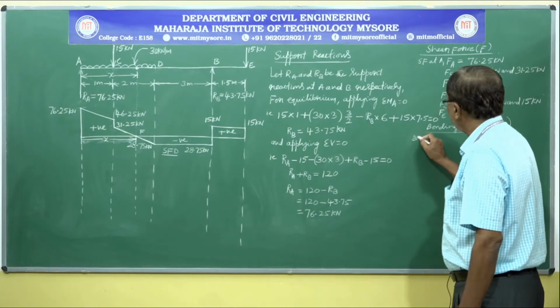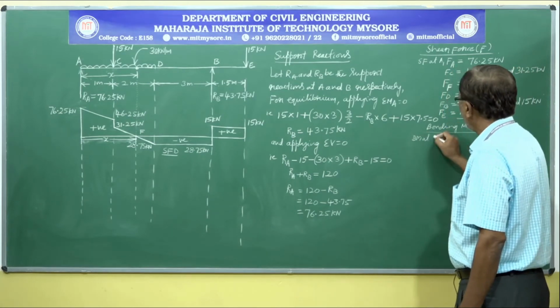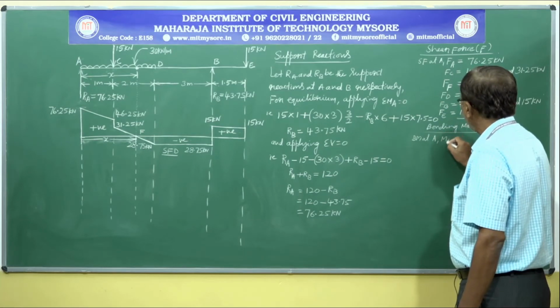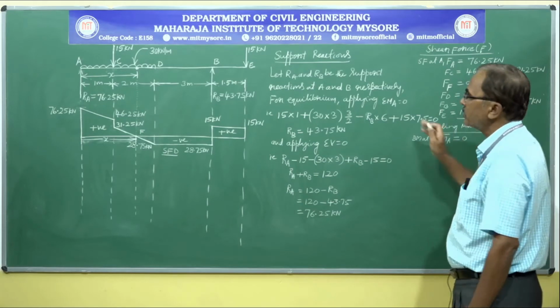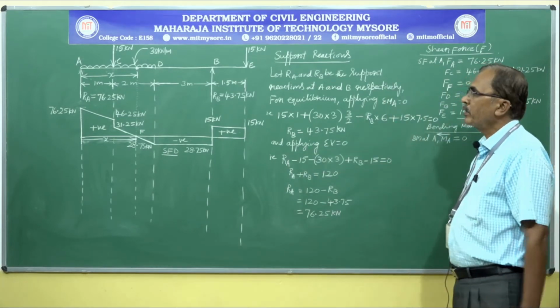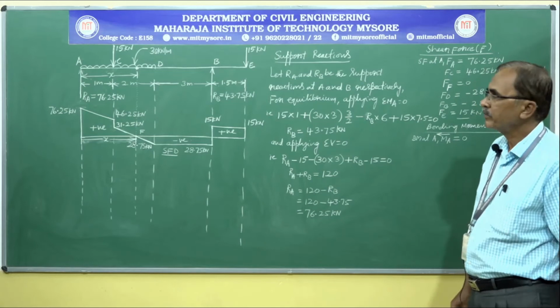Bending moment at A, MA, by considering forces to the left-hand side, is 0, because no forces, no bending moment to the left of the point A considered.